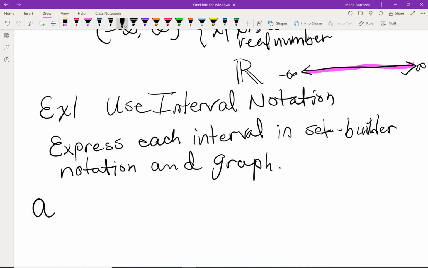Part A, they ask you to, again, express each interval in set builder and graph. So they give you [-1, 4], just like you see it.